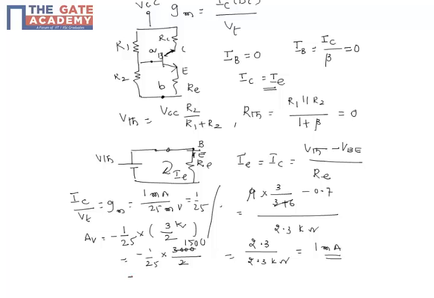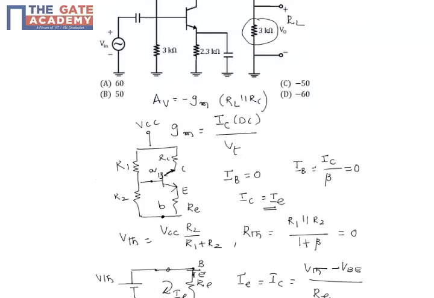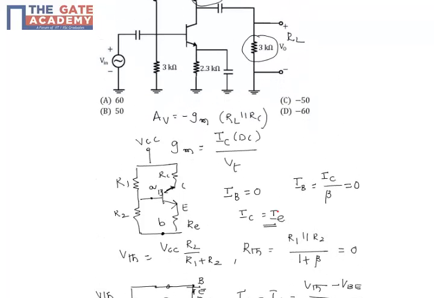So AV equal to minus 60. Sorry, it's not volts, only minus 60, because it's a gain. So it is only minus 60. From the options, option D is the right answer.